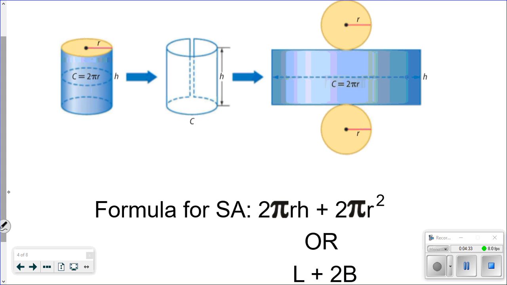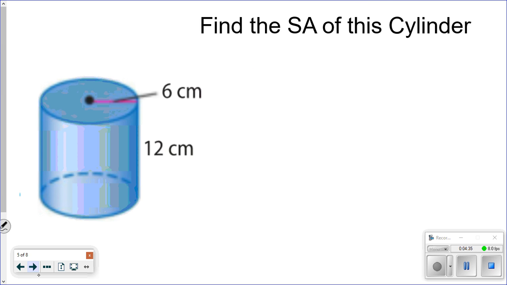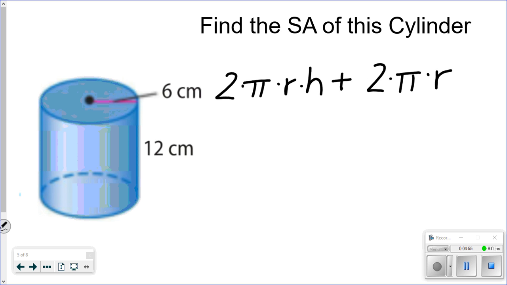Now, let's practice one. Here's this one right here. I have a cylinder. My radius is 6. My height is 12. If I were you, the first thing I would do is write it out. 2 times pi times radius times height plus 2 times pi times r squared.